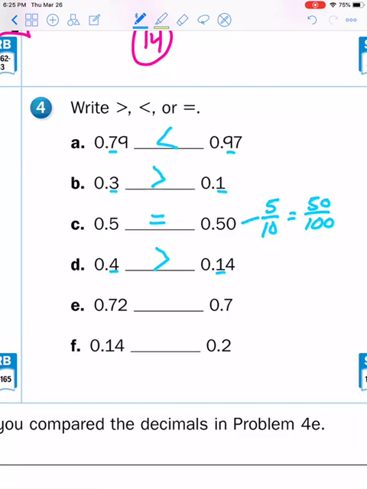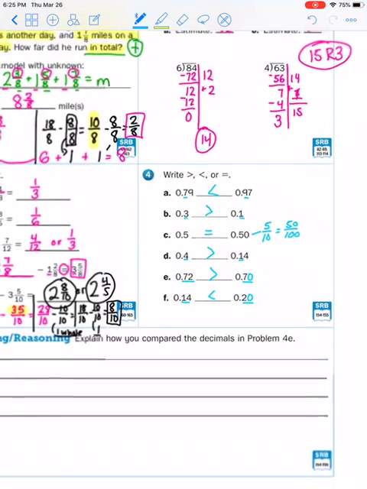E, 0 and 72 hundredths is greater than 0 and 70 tenths. Because if you put a 0 here, you know that 72 is greater than 70. Okay, F, 0 and 14 hundredths is less than 0 and 2 tenths. And again, if you made this in the hundredths place and put a 0 here, 14 is less than 20.